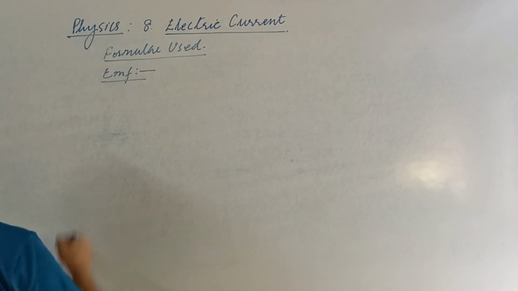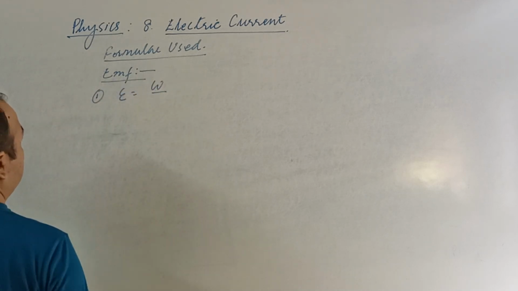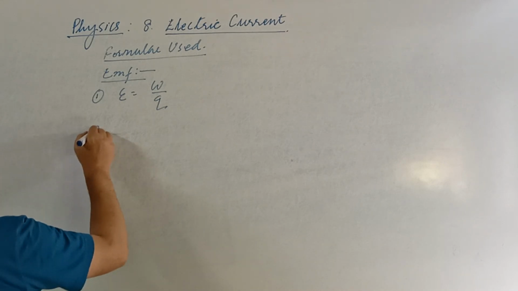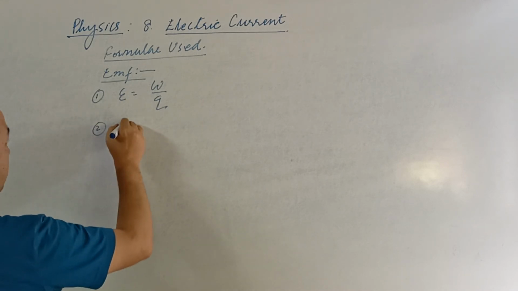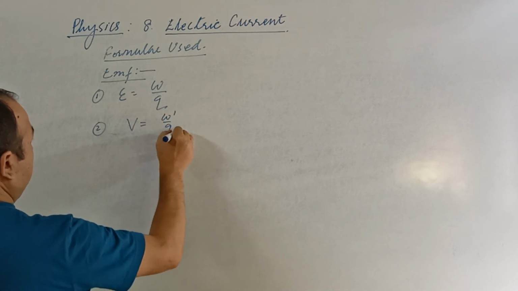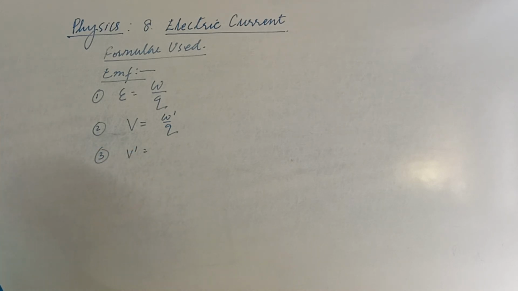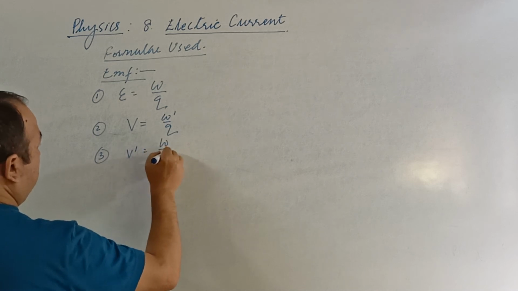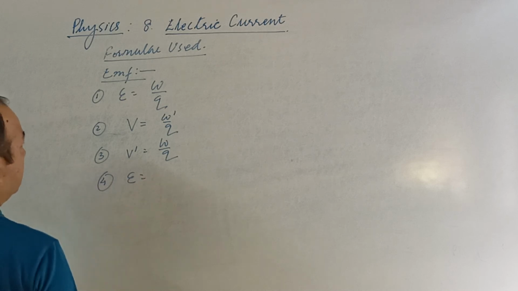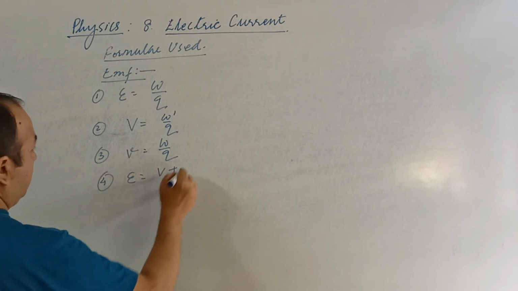From EMF, number one, EMF is equal to work done per unit charge. Number two, the terminal voltage, denoted by V, is equal to W' upon Q. Number three, v, that is the voltage drop, is equal to small w divided by Q. Number four, EMF is equal to V plus small v, the voltage drop.